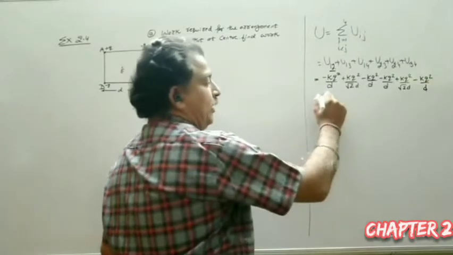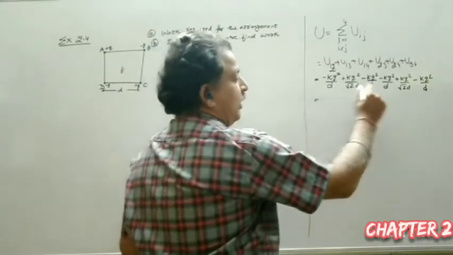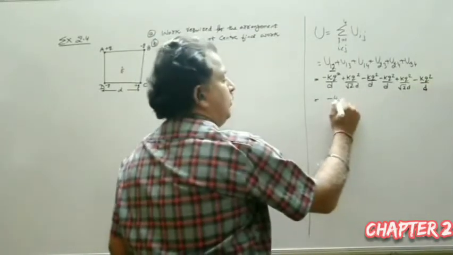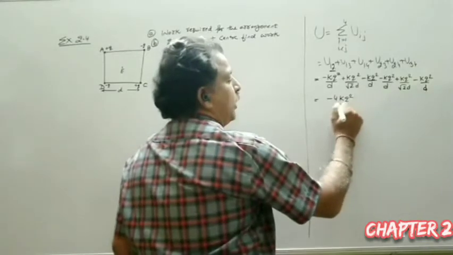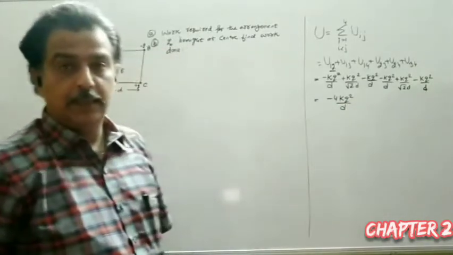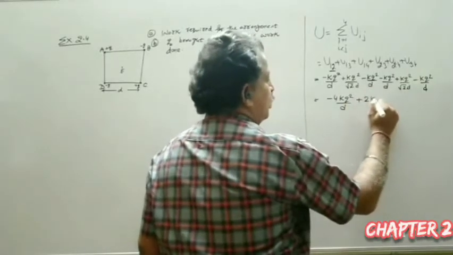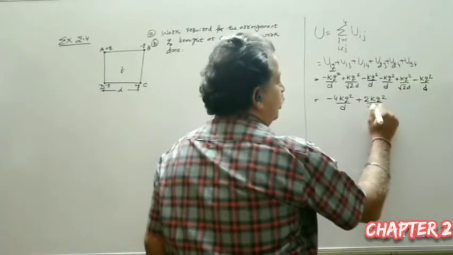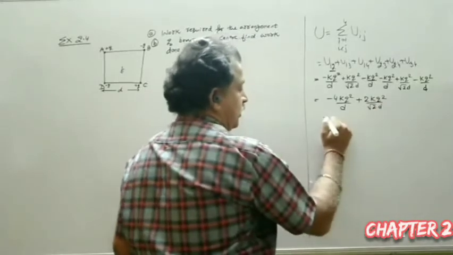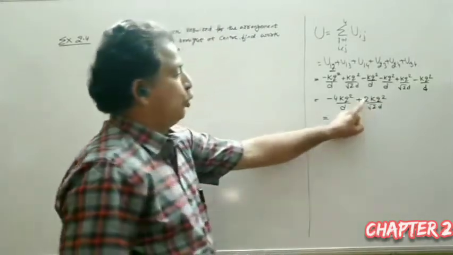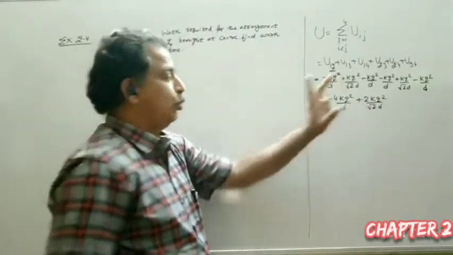If I take up the like terms, there are 4 like terms. This can be written as minus 4 K Q square upon D, plus these 2 terms, plus 2 K Q square upon root 2 D. Now this root 2 cancels with the root 2 in 2, and you get root 2 in the numerator.